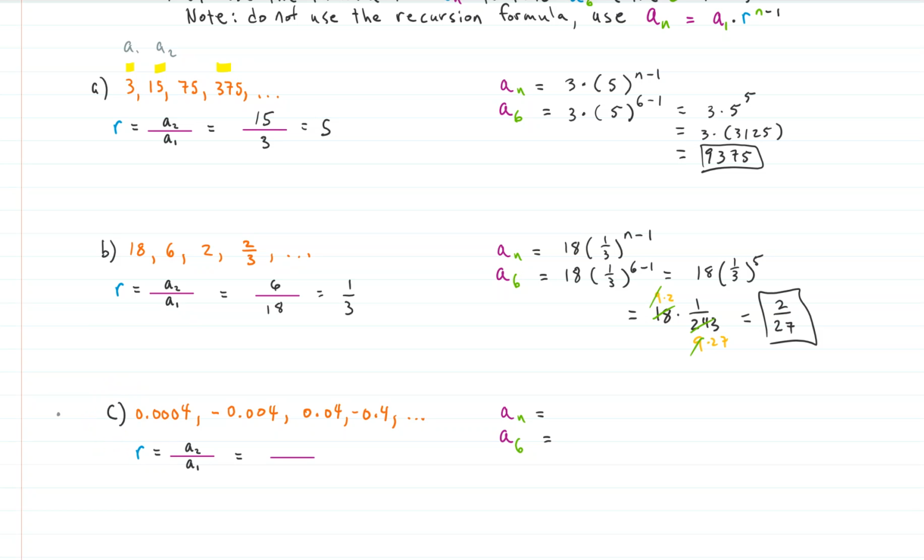Let's find our second term, which is negative 0.004, and we divide it by our first term, which is positive 0.0004.